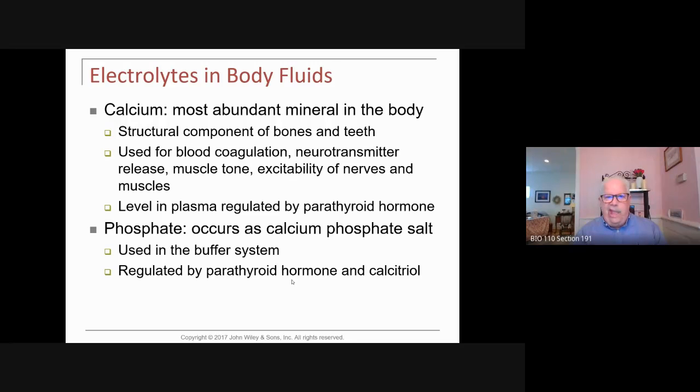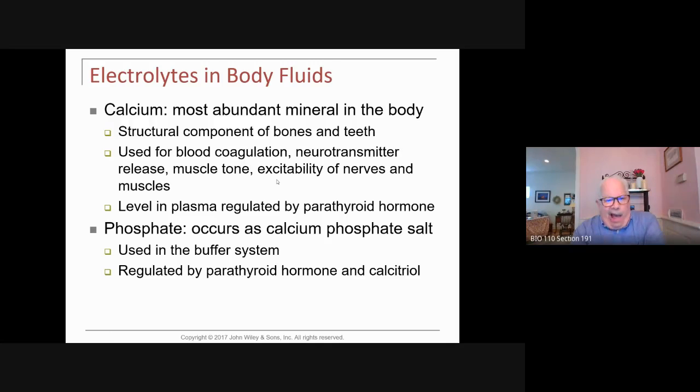Calcium, the most abundant mineral in your body. It's in bones and it's in teeth. You already know it is in blood coagulation. You should have known from AP1, it is in neurotransmitter release. It's in muscles and its excitability of not only nerves, but also muscles.